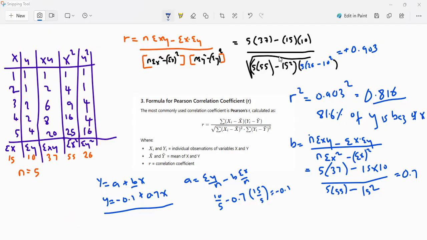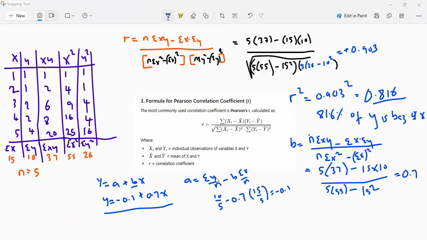That is our formula. When you compute this and put them in there, the answer for our b is 0.7. So 0.7, you put it here.